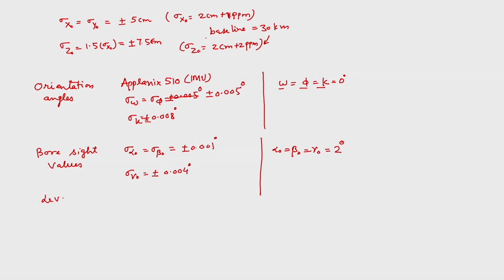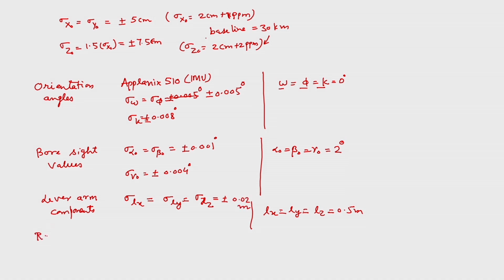What about the lever arm components? So, the typical value of the lever arm is 0.5 meter. What about the sigma values? 0.02 meter or 2 centimeters.